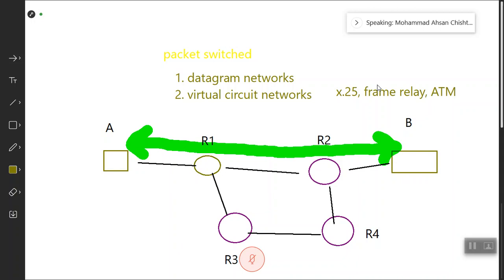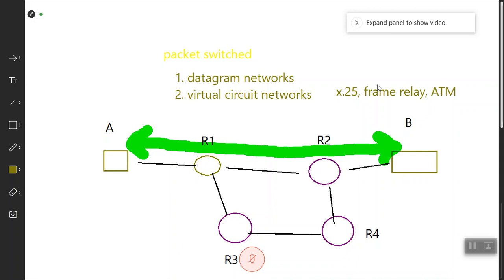When I use virtual circuit networks, A and B communicate to each other and establish a path. And when this path is established, all the packets would be routed through this path only.